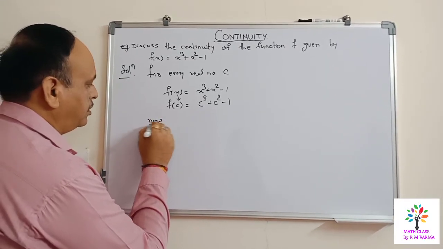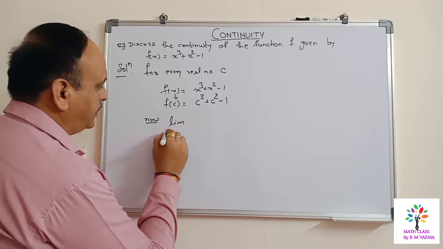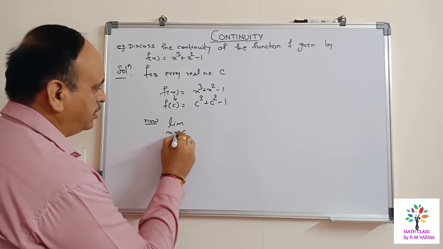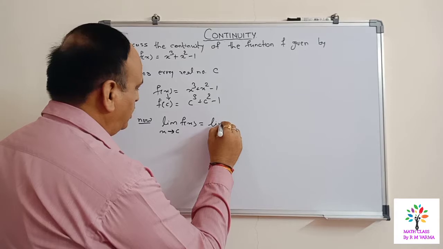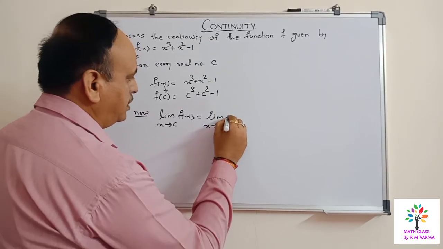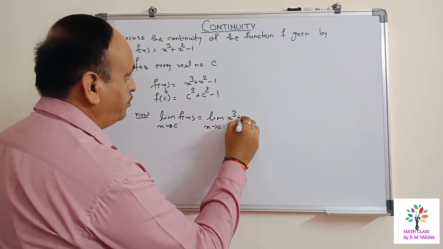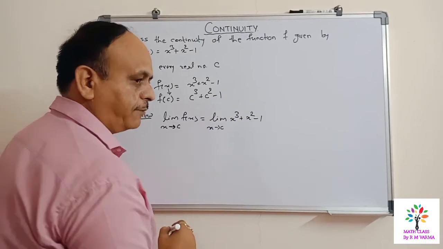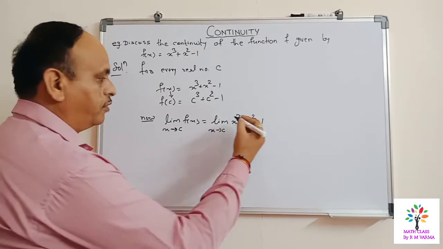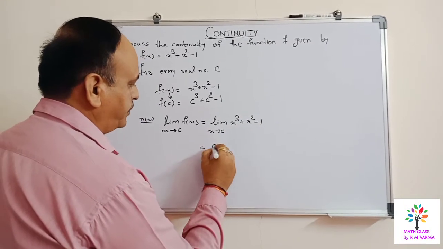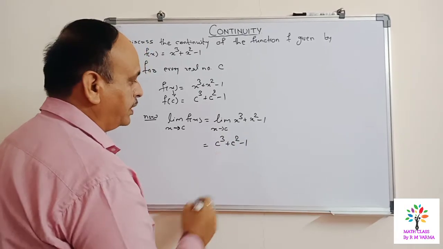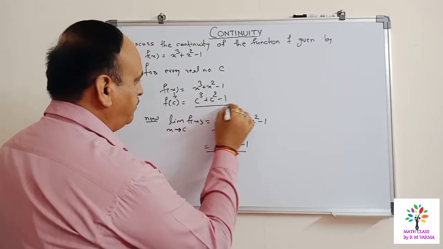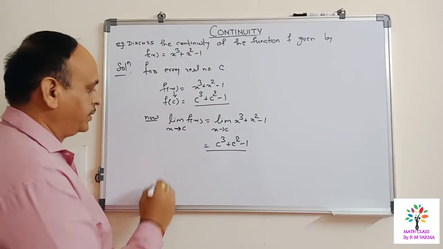Limit x tends to c of f(x) equals limit x tends to c of x cubed plus x squared minus 1. Now replacing the value of c in the limit, we get c cubed plus c squared minus 1. So this value and the value of f(c) are the same.